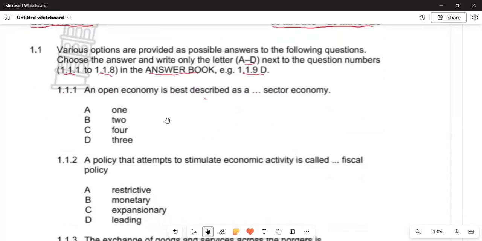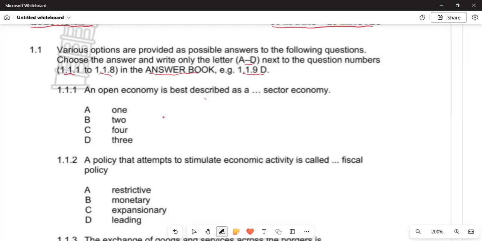Now we go to 1.1.1. An open economy is best described as a dash-sector economy. We are given 4 options and we have to choose the best one.